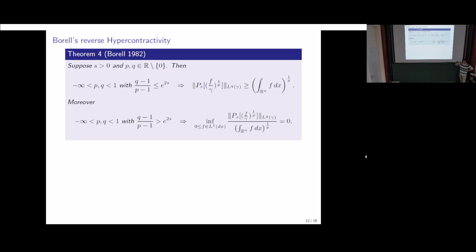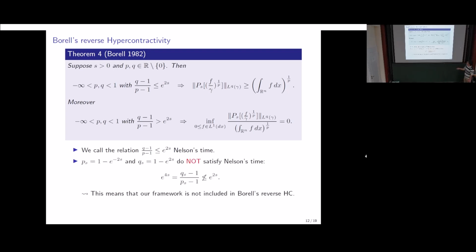This means that the reverse hypercontractivity does not hold. So this relation between P, Q and S is very important. We call this relation Nelson type. Nelson does not appear now, but Nelson's name comes from the forward hypercontractivity. Nelson originally showed the forward version of the hypercontractivity, so I use this name.